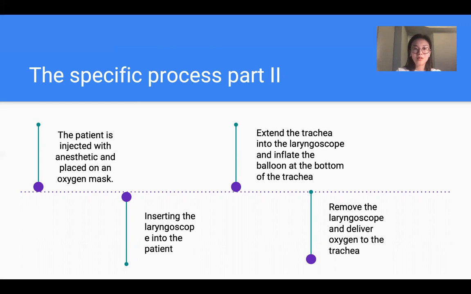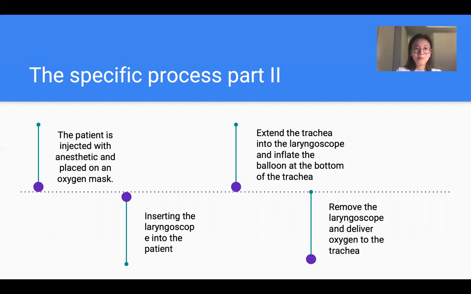Move the tool towards the back of the mouth, avoiding the teeth. Elevate the epiglottis, a flap of tissue that hangs in the back of the mouth to protect the larynx. The tip of the laryngoscope is inserted into the patient's larynx and then into the trachea.